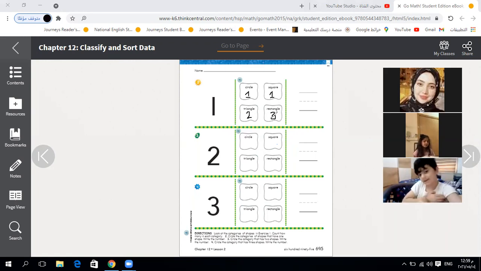So now, Hala, I want you to circle the categories that have one shape. Which category has one shape? A circle and square. Excellent. A circle and square. So write the number 1 here.